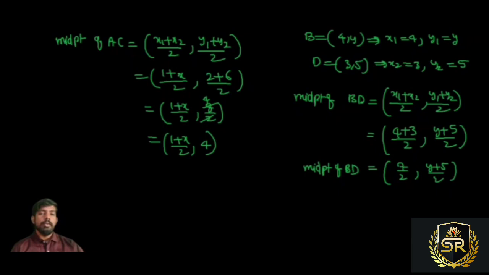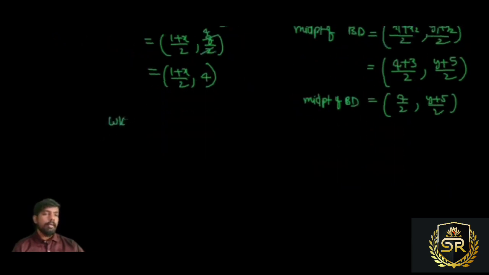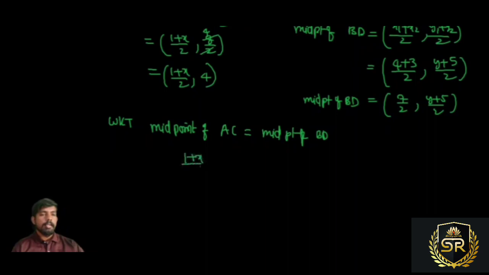So we know that the midpoint of AC equals the midpoint of BD. So the midpoint of AC, (1 plus x) by 2 comma 4, equals the midpoint of BD, 7 by 2 comma (y plus 5) by 2.